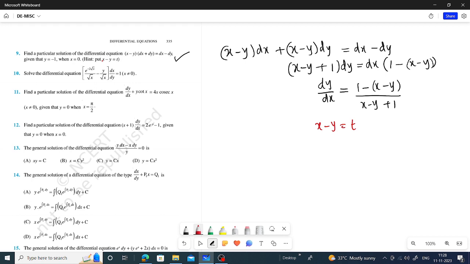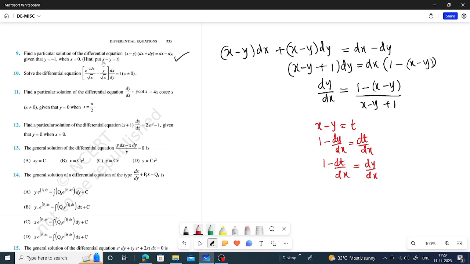So you differentiate with respect to x, x minus y is equal to t. You differentiate it with respect to x, 1 minus dy by dx equal to dt by dx you will get. Okay. Now what is dy by dx? We brought this dt by dx to the left hand side and dy by dx on the right hand side. So 1 minus dt by dx is equal to dy by dx.